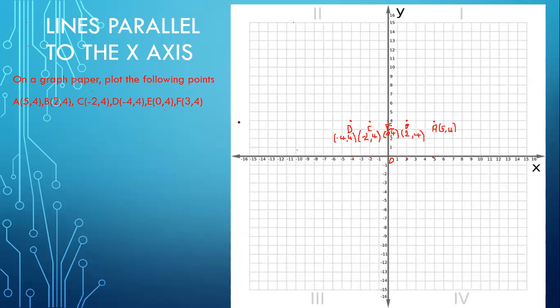And the last point given to us is 3, 4, and the name of the point is point F. So the x coordinate is 3 and the y coordinate is 4. So on the x-axis we can see 3 here, and on the y-axis we can see 4 here. So both these lines will meet over here. So I am just marking point F over here, right?